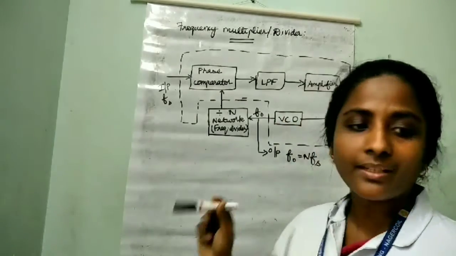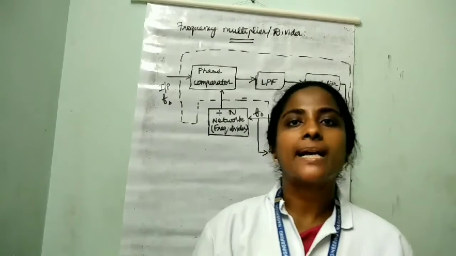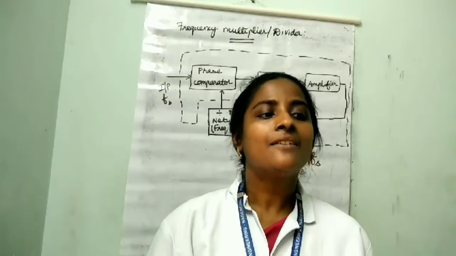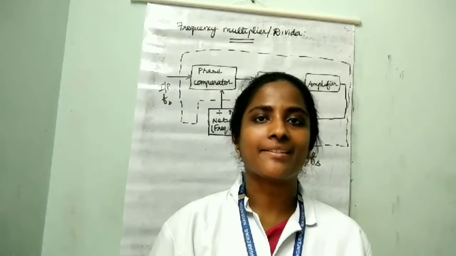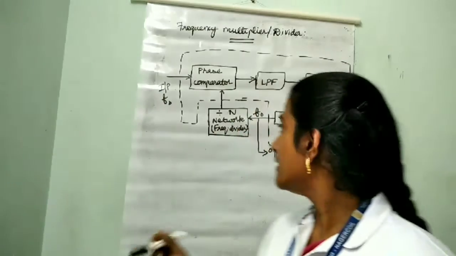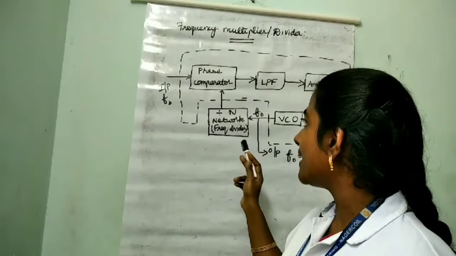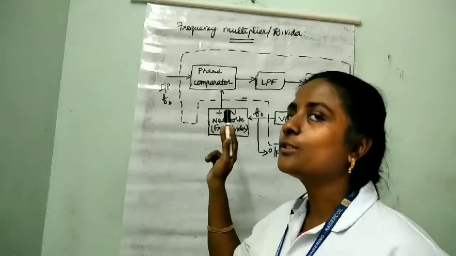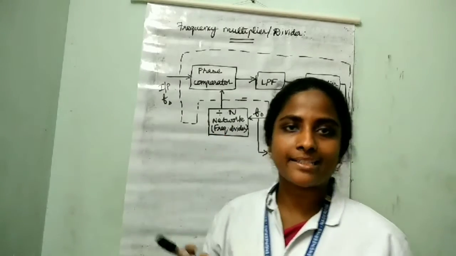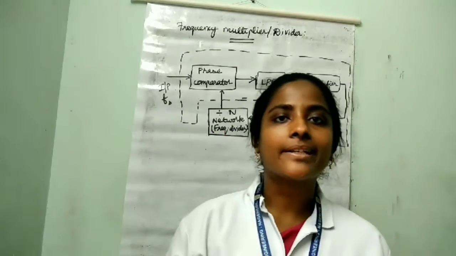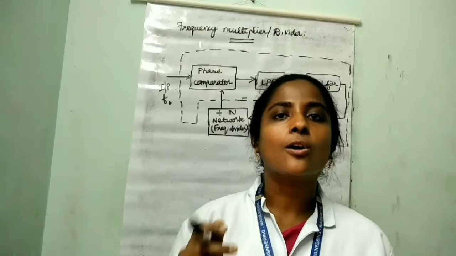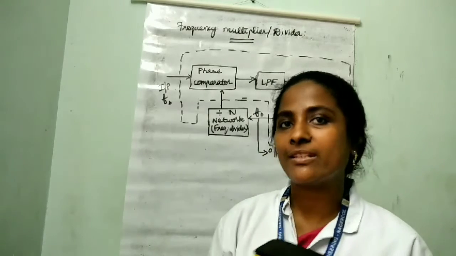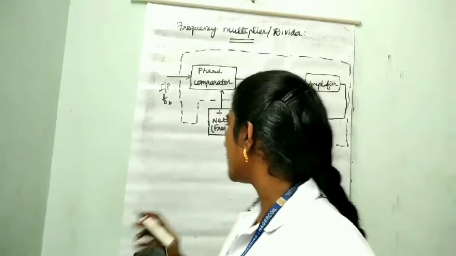A divide by N network is inserted between the VCO output and the phase comparator. In the locked state, the VCO output frequency F0 is equal to N into Fs.